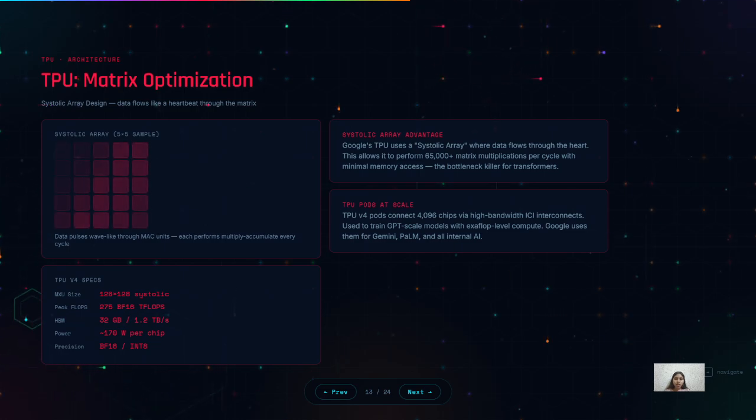Its systolic array architecture allows data to flow continuously through computation units. Compared to GPUs, TPUs reduce memory bottlenecks more aggressively. That makes TPUs extremely efficient for transformer training. This is why Google uses TPU pods for models like Gemini and PaLM.